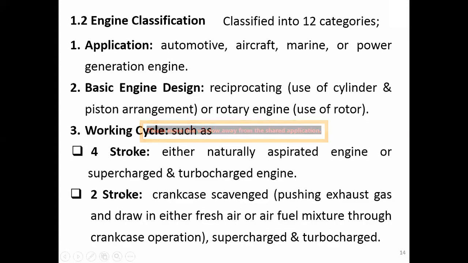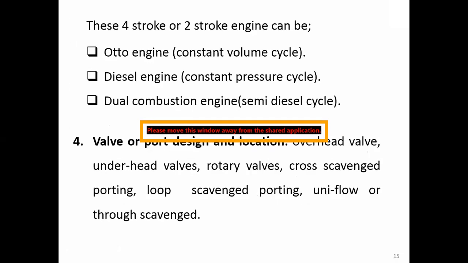Right. The 2-stroke also has supercharged and turbocharged engines as well. The 2-stroke engine is hardly seen nowadays because it has a big problem with emissions, so it can hardly be sold. Okay.